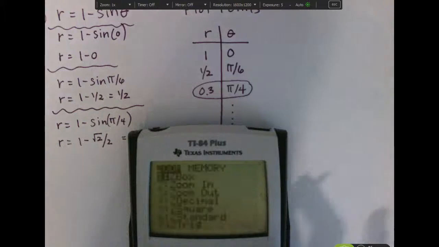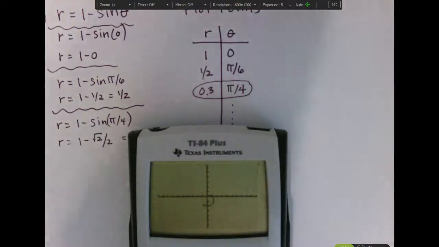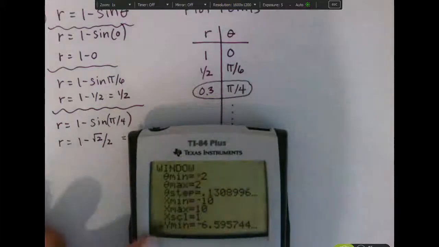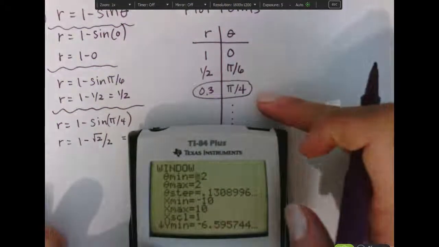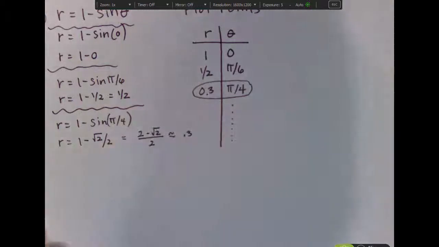The other thing that you can see I just did was ZSquare, which squares off my window. Oops, I must have done something with my angle that's messing that up. But at any rate, you could put your table that you're making, plotting points, together with your graphing calculator, and create a graph of a polar equation that way as well.